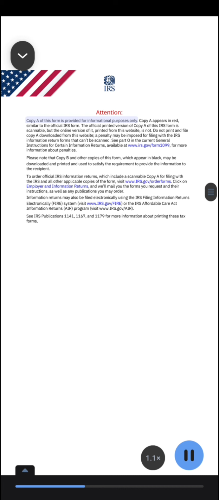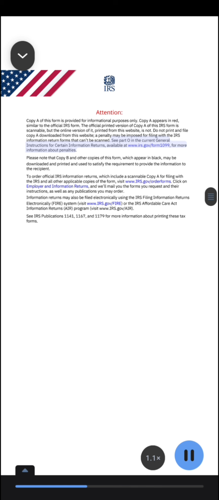Attention. Copy A of this form is provided for informational purposes only. Copy A appears in red, similar to the official IRS form. The official printed version of Copy A of this IRS form is scannable, but the online version of it, printed from this website, is not. Do not print and file Copy A downloaded from this website. A penalty may be imposed for filing with the IRS information return forms that can't be scanned.